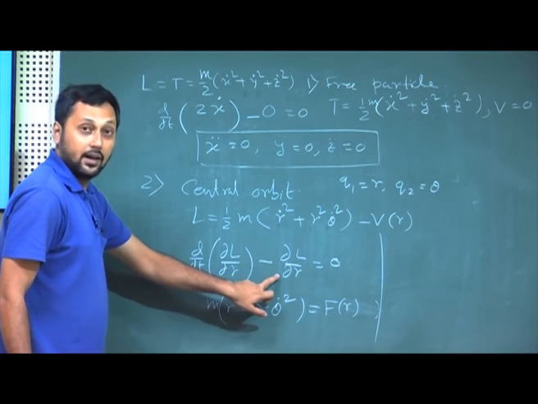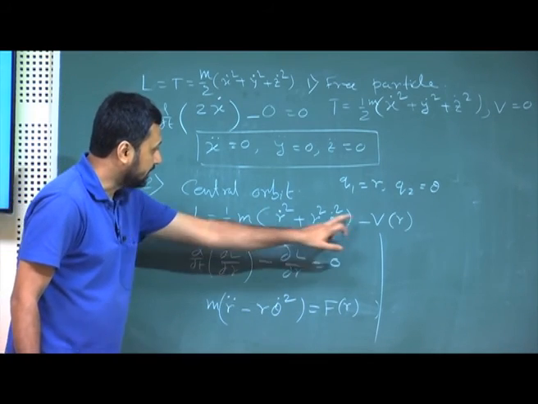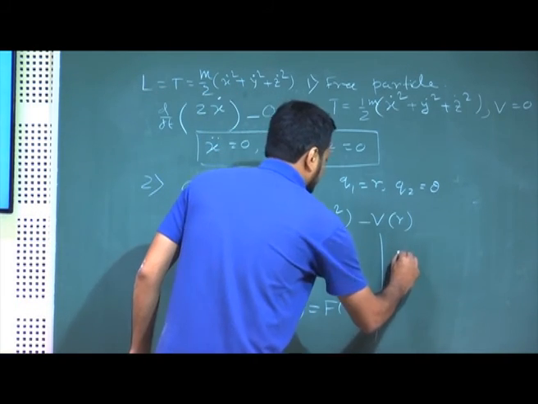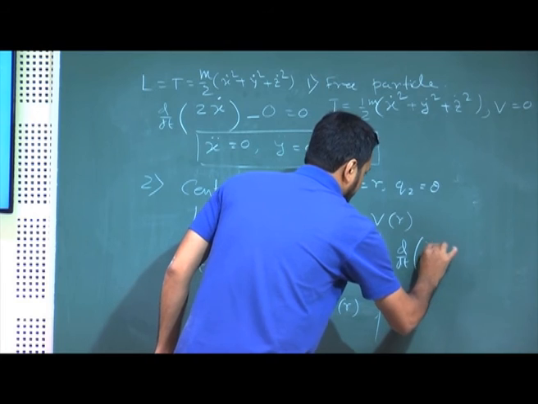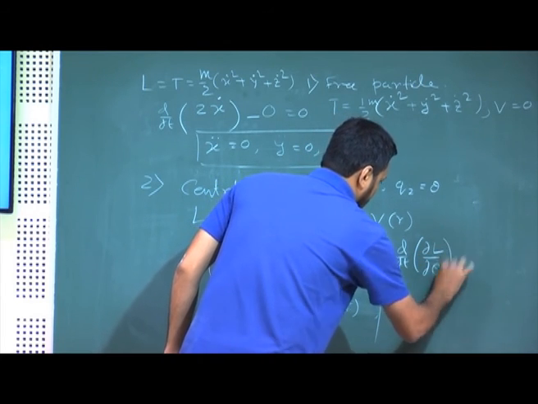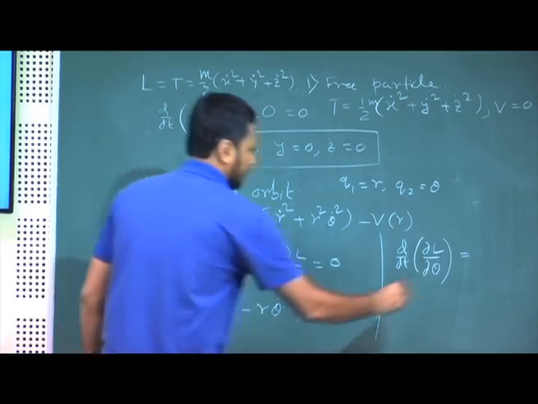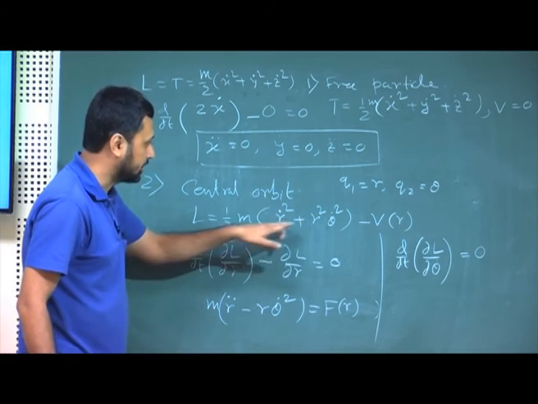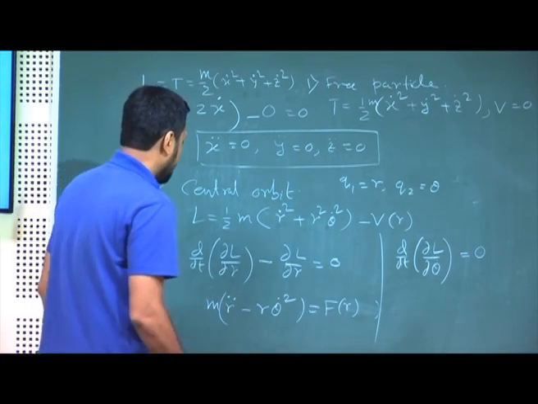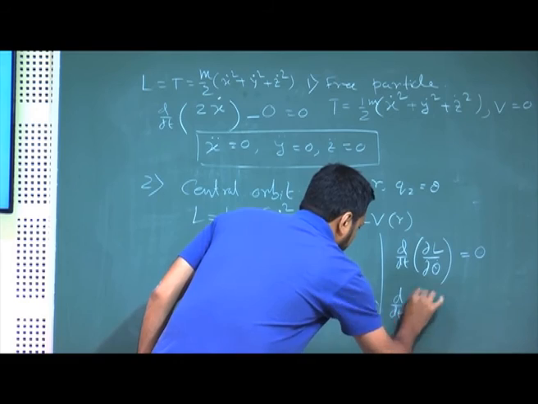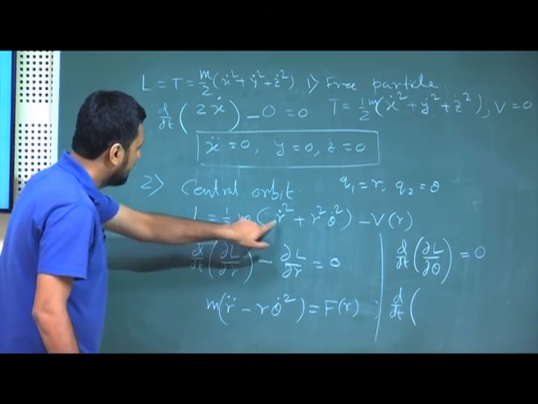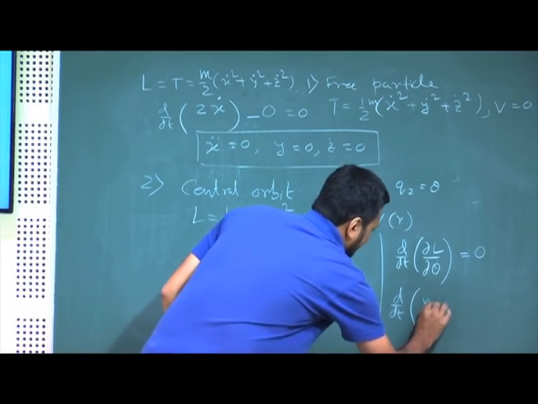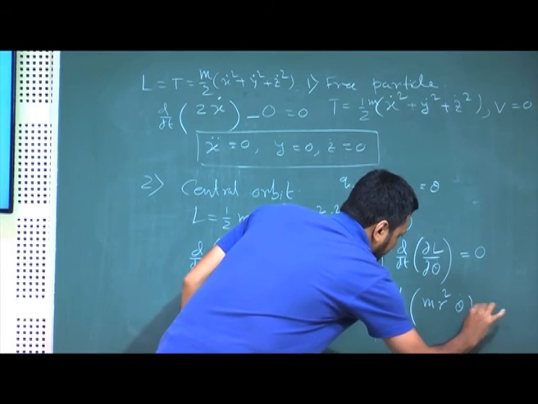del L del theta will be equal to 0, because nothing in this is a function of theta. So, the second equation will be simply d/dt of del L del theta dot, which will be equal to 0, because del L del theta is anyway 0, and this will give you d/dt of m r square theta dot equal to 0.